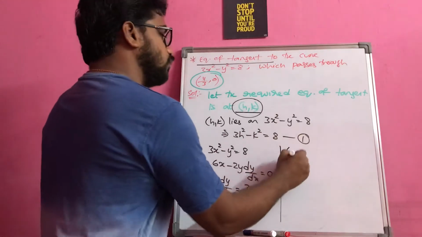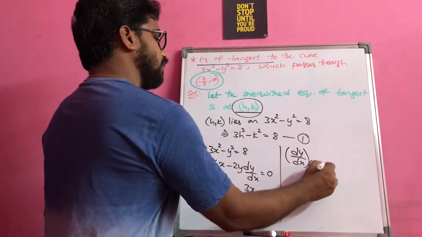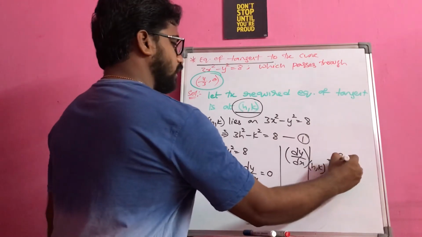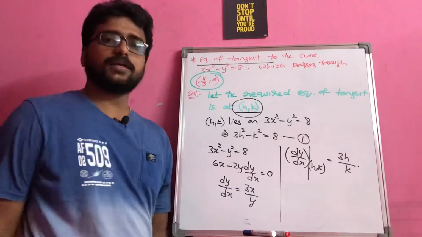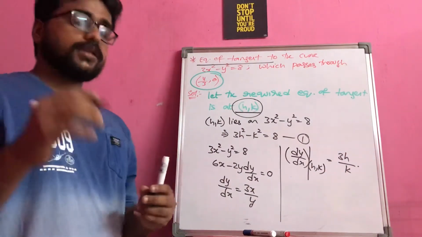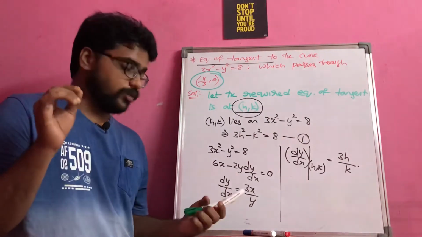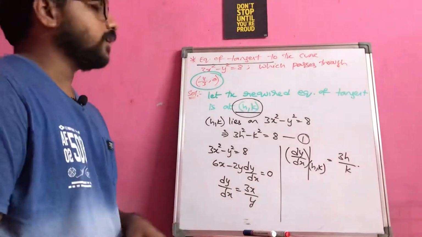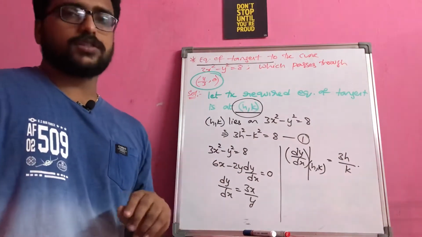So therefore dy by dx at (h, k) is equal to 3h divided by k. Correct? See, I told you in the last class that the slope you are finding at one point should not be a variable, it should be a constant. Here h, k is a constant only, that's why 3h by k is also a constant only.